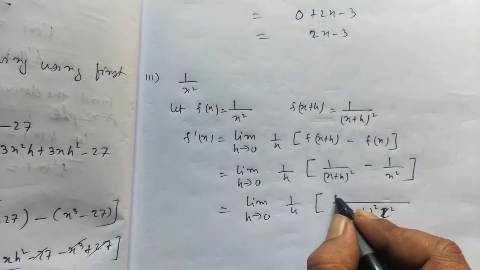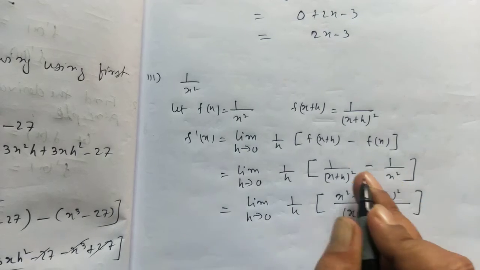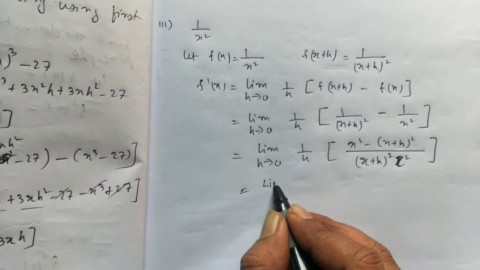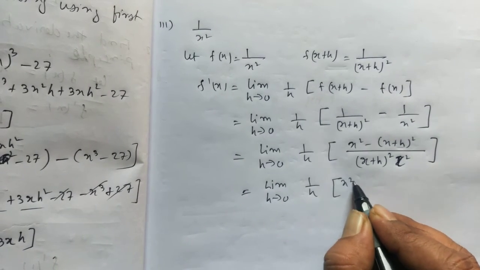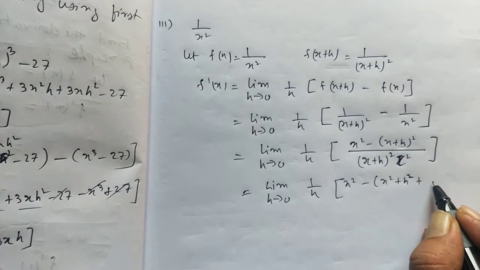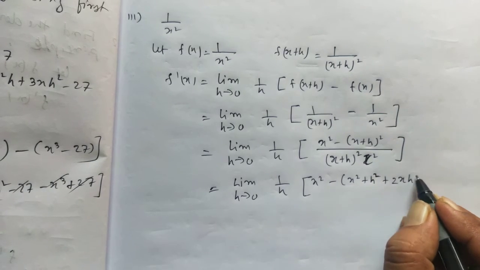This x² into 1 will be x² minus this into this, this into this. Let's square it and remove the bracket. If you square it, you'll get a² + b² + 2ab, 2xh.